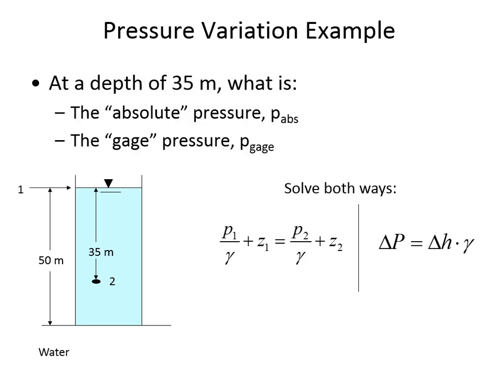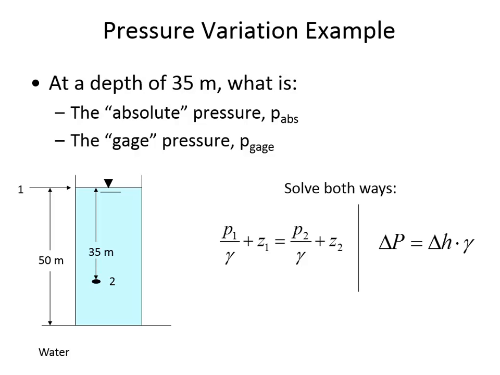If we're trying to find what is the pressure at 2 in absolute terms, absolute means that we are assuming the atmosphere is over and above vacuum. We're not letting the atmosphere equal 0. We're keeping track of the actual pressure of the atmosphere for absolute pressure. So P1 is 101,325 newtons per meter squared, which is the standard atmospheric pressure.